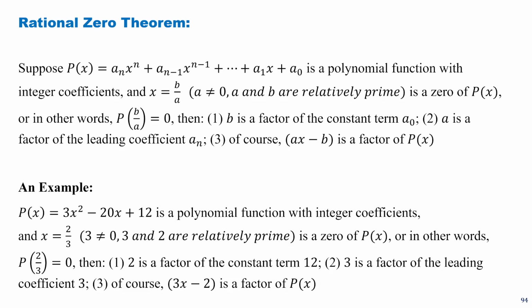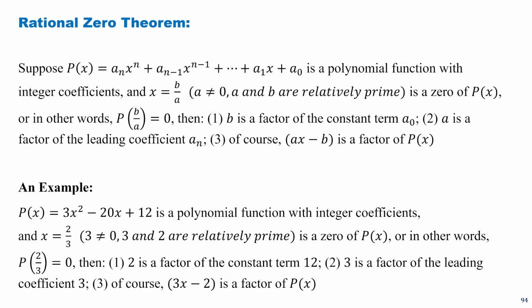And third, of course, if you have p(b over a) equals 0, we know ax minus b is a factor of p(x), right? For example, if we have p(x) equals 3x squared minus 20x plus 12, this is a polynomial function where all the coefficients are integers. And we know that x equals 2 over 3 is a 0 of p(x), right?